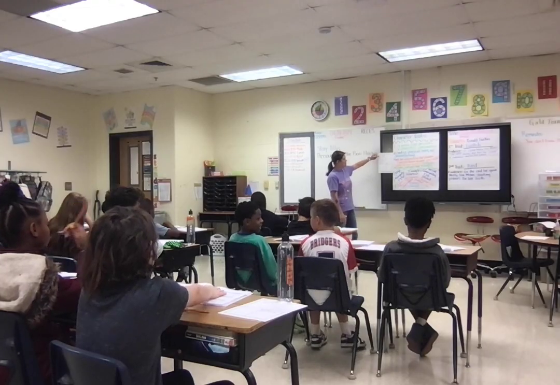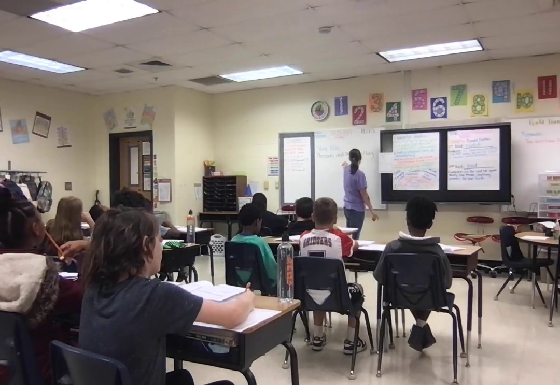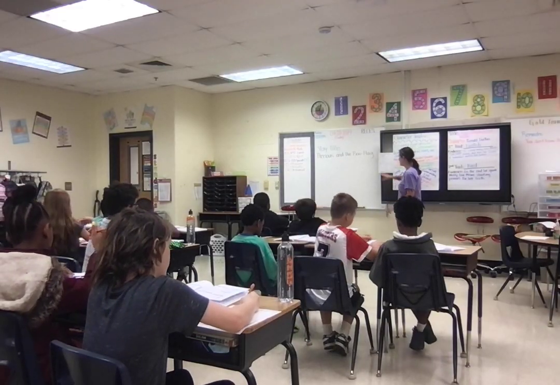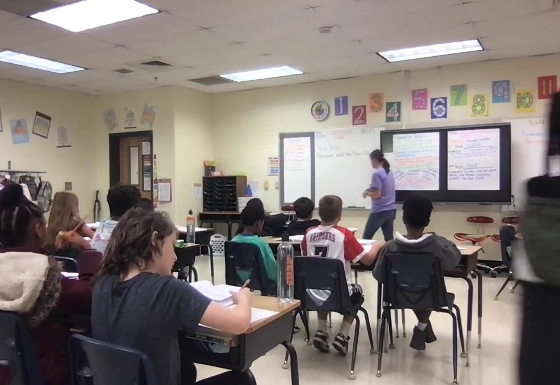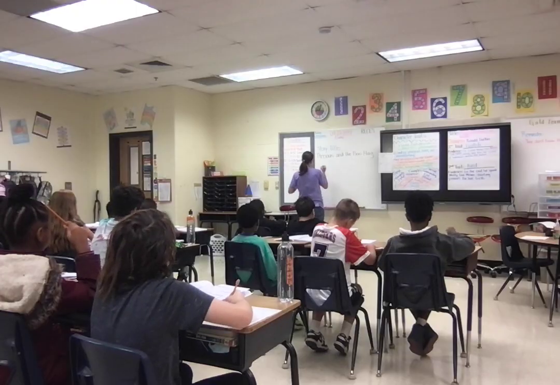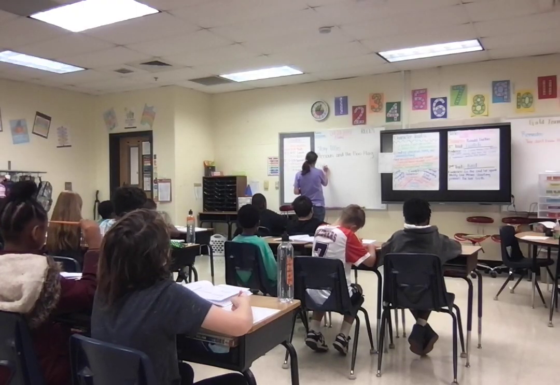Okay. So we wrote our name up top. It says story title. Where it says story title, you can go ahead and write Precious and the Boo Hag. Under that it says character. So who were the main characters in this story?